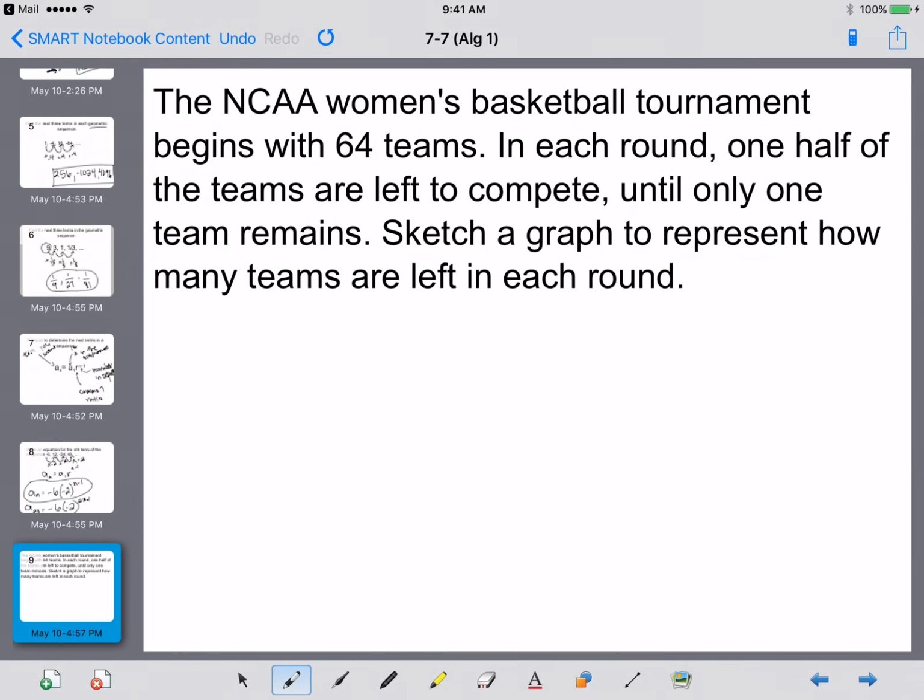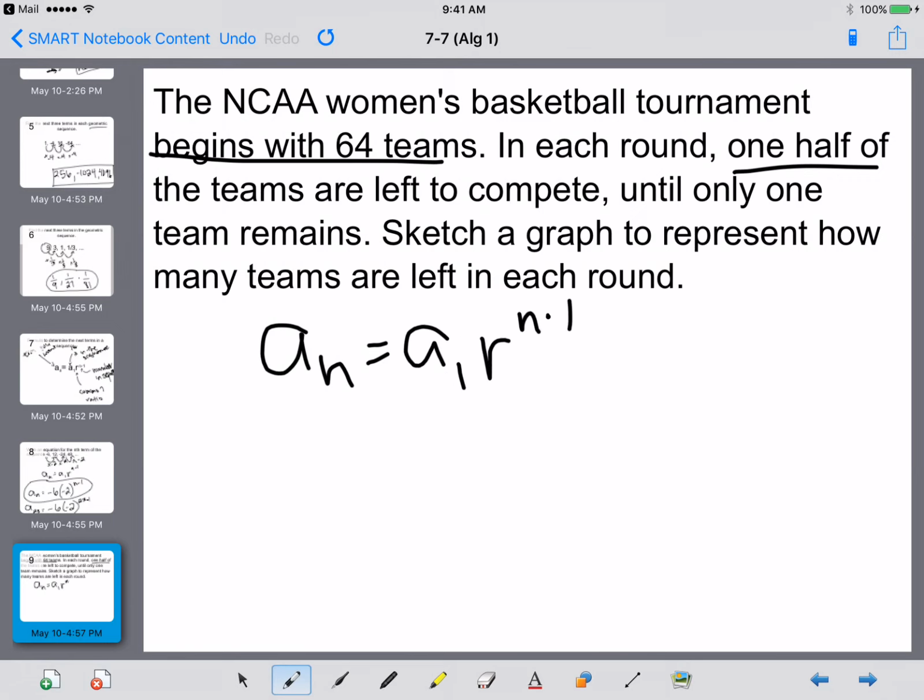And finally here we've got a word problem. It says the NCAA women's basketball tournament begins with 64 teams. That sounds kind of important. In each round, 1/2 of the teams are left to compete until only one team remains. Sketch a graph to represent how many teams are left in the round, and we're also going to create an equation for that. So our equation is a sub n equals a1 times r to the n minus 1.